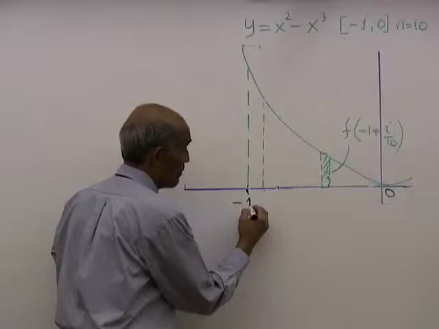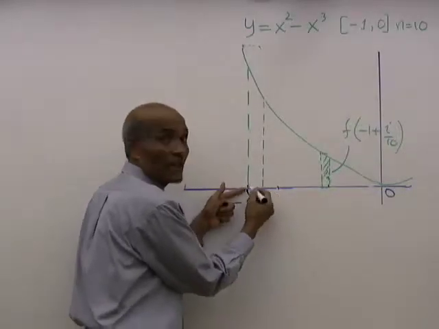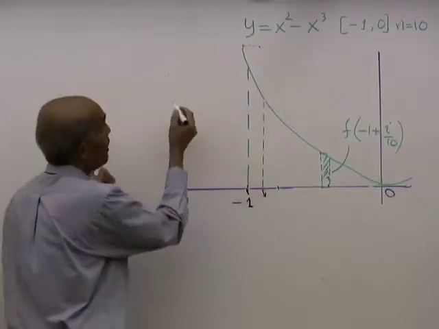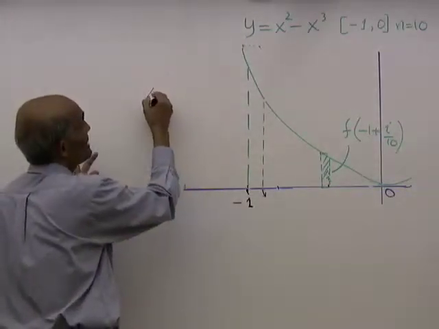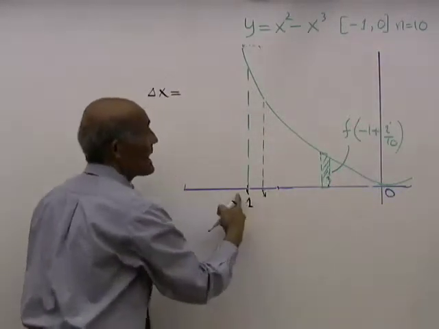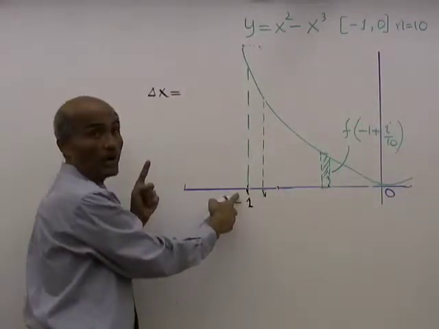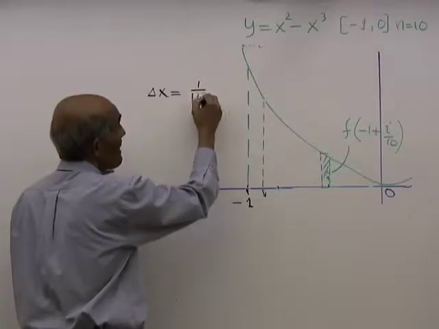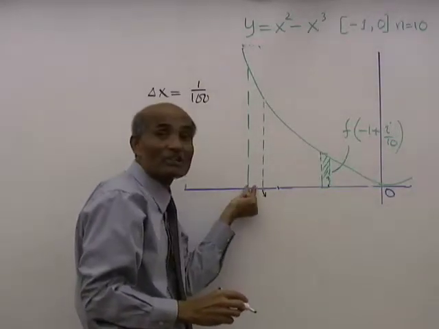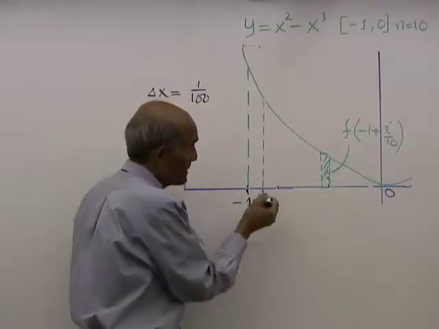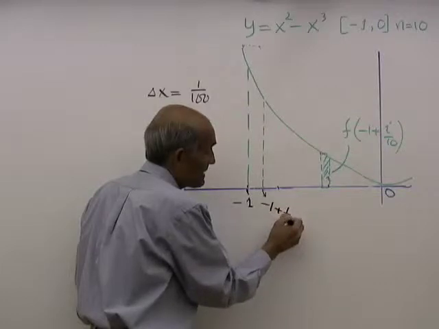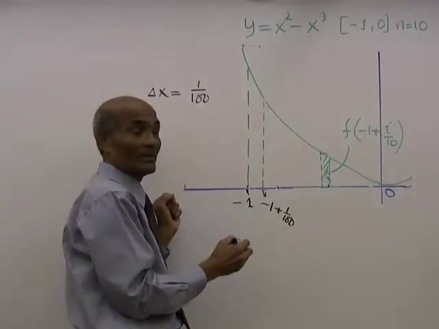Well, for the first rectangle, the right x value then will be, well, first of all, our delta x in that case will be 0 minus negative 1, which is 1, 1 divided by 100 will be the delta x. The width of each rectangle will be 1 over 100. So this x value will be -1 plus 1 over 100.